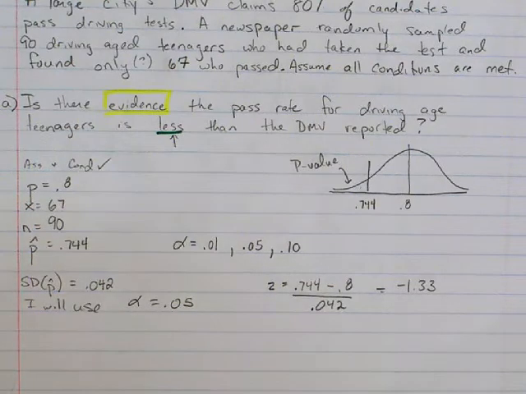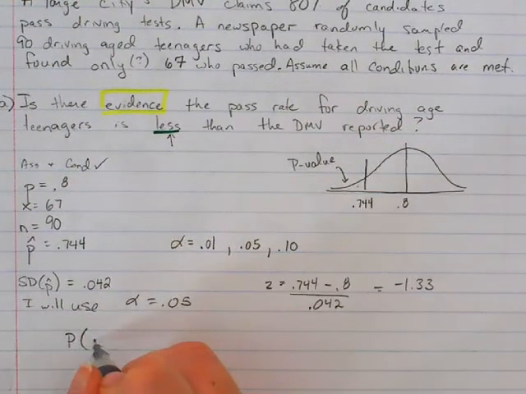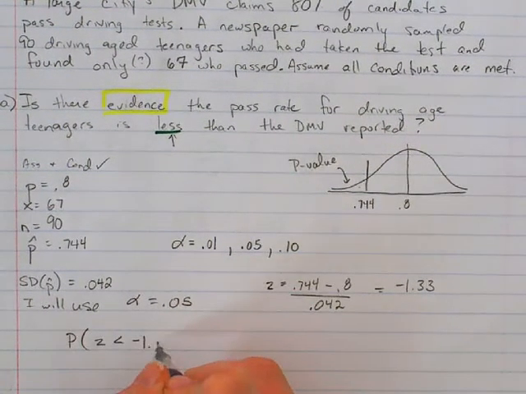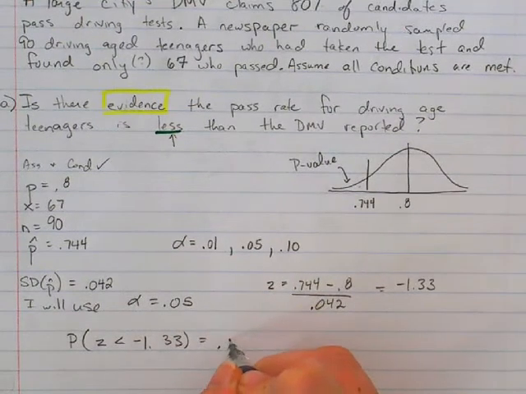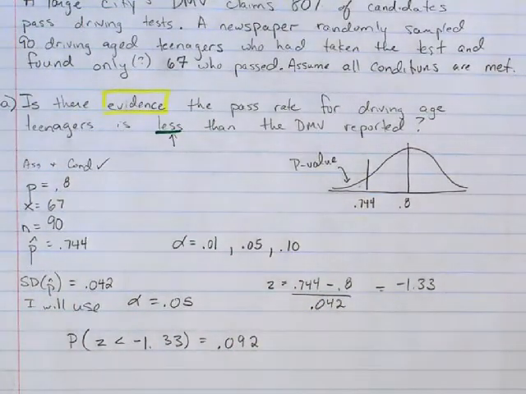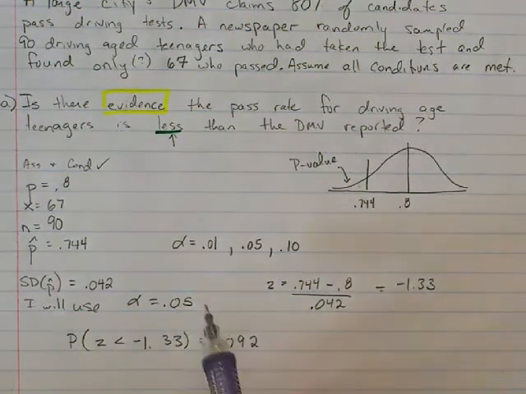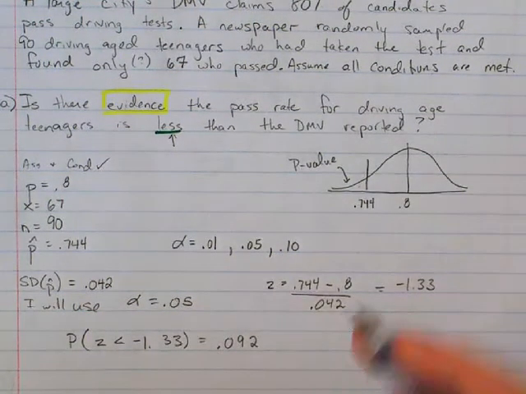Negative infinity, so negative 10 to the 99, all the way up to negative 1.3301, and what we get is a p-value, so the probability that z is less than negative 1.33 is 0.092, because we want to go to those 3 decimal places.